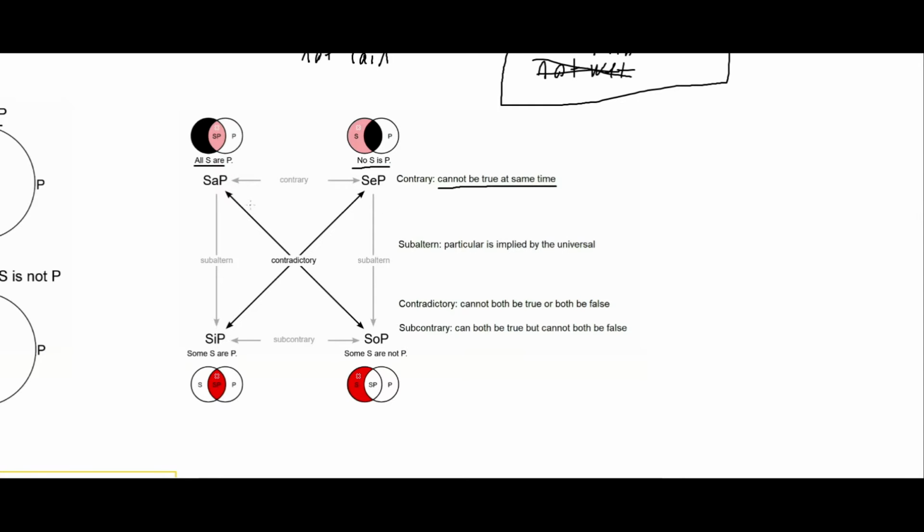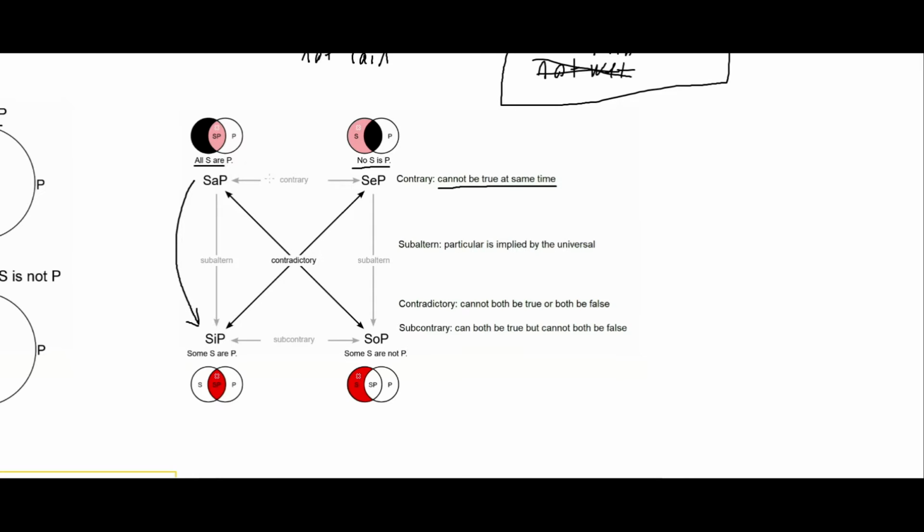Then, of course, there is subaltern: the "all" and "some," and the "no S" and "some S are not," are subaltern. That just means that the particular is implied by the universal.